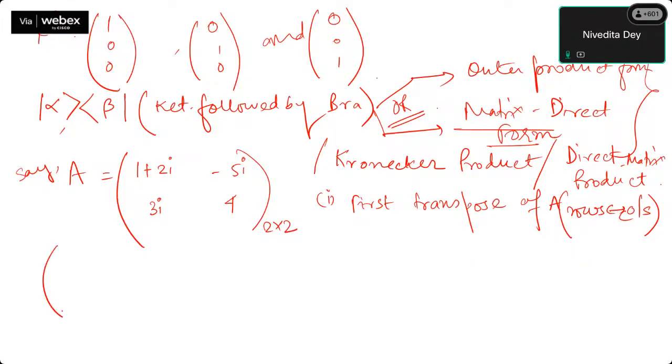So let me do that: the rows will now be the columns, and the columns will be the rows. Then, second, we have to take the complex conjugate.